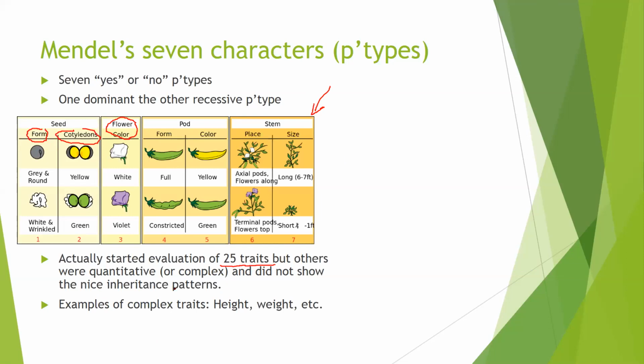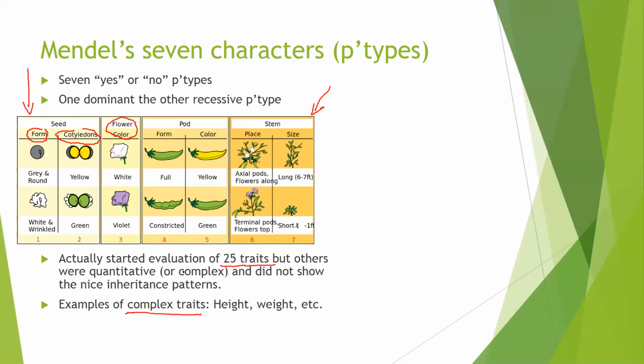So in his report, he only reported the data for the 7 traits.